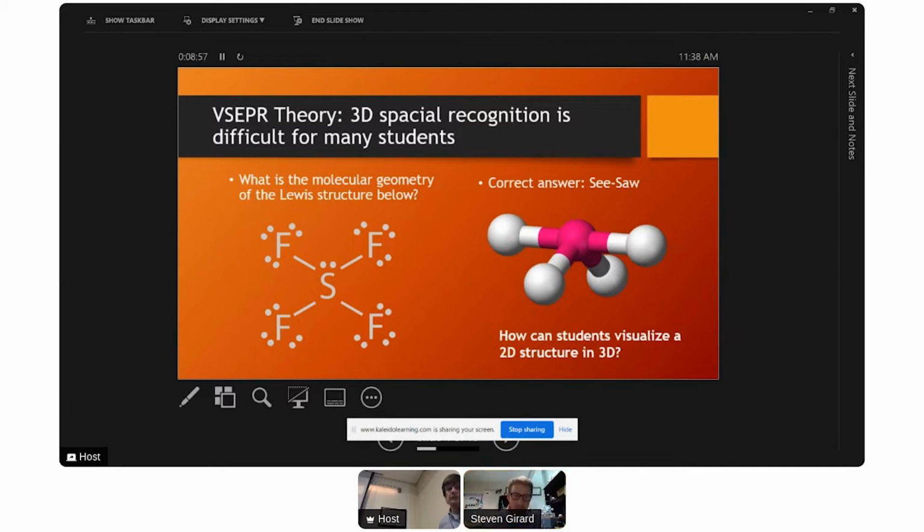In reality, if we take the correct VSEPR theory, this is the space-filling three-dimensional model, what we have is the structure of that SF4 molecule on the right. So what you'll see is that on the right, this is the correct space-filling model in 3 dimensions of SF4.